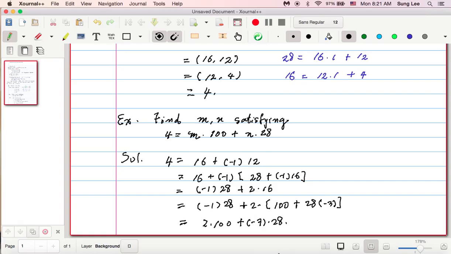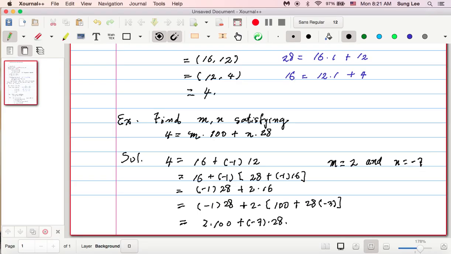Voila, we are done. We found m and n. In this case, m equals 2 and n equals negative 7.